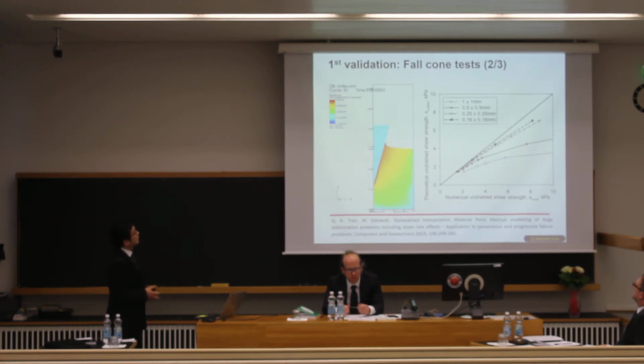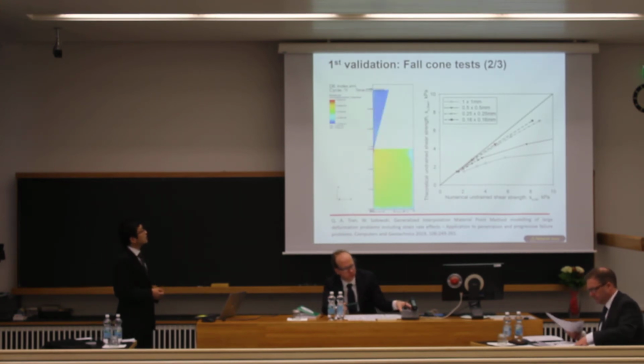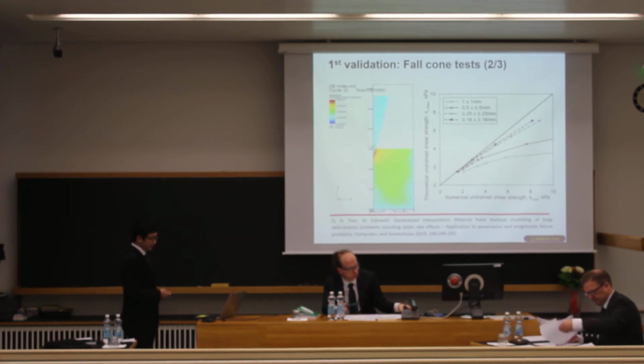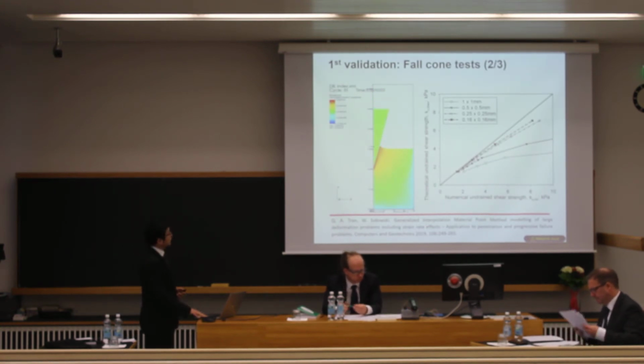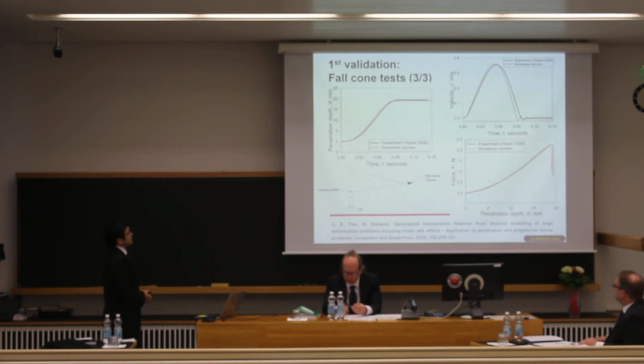And we can see that when refining the mesh, the numerical solution converges to the theoretical solutions, and that is very important because we can select the proper mesh for the numerical models. So after selecting the mesh, we compare our numerical result with the Oxford experiment.